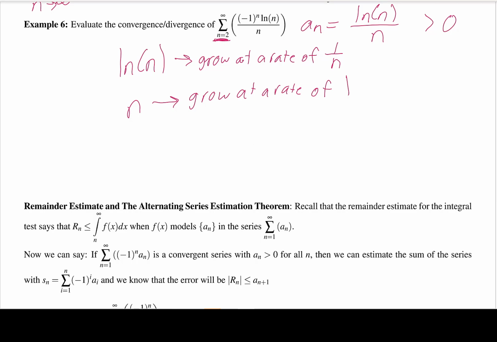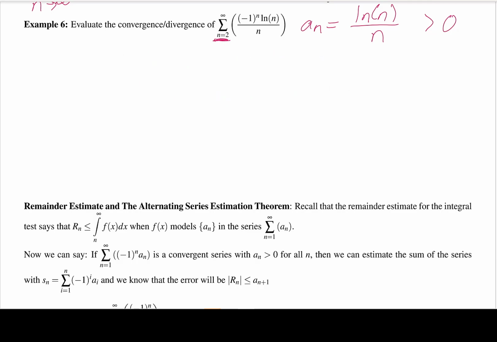And so that's what's going to tell me that this thing is actually decreasing. Okay, if that doesn't click for you, then you can look at actually calculating these values, right? So we'd have ln of 2 over 2, ln of 3 over 3, ln of 4 over 4, and so on. And so if you plug these into a calculator and calculate them, you will see that this is really decreasing. So I'm just going to say a sub n is decreasing.